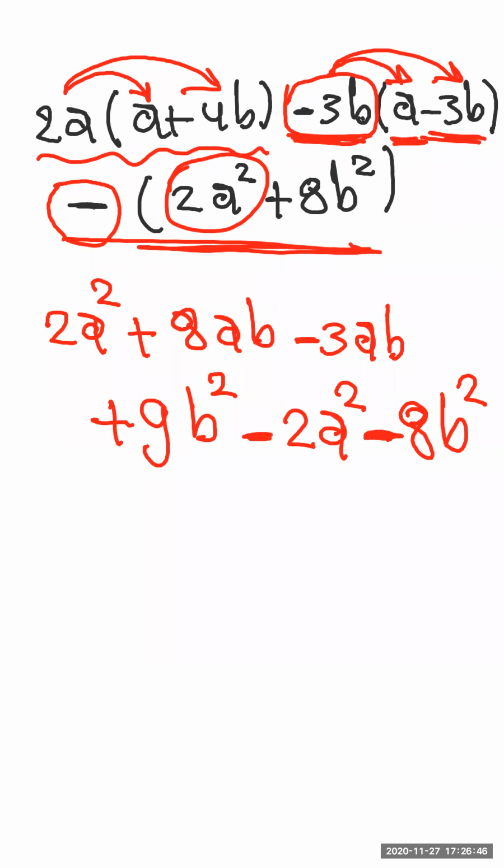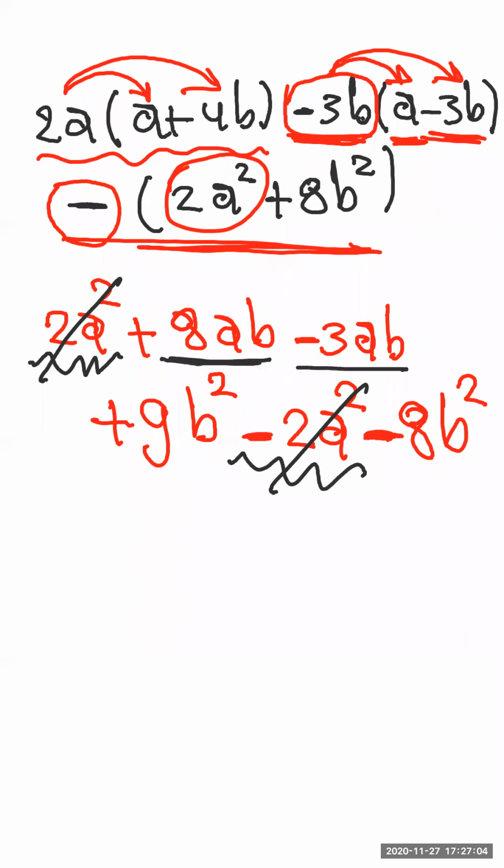Now simplify. Do we have like terms? We are going to check. 2a squared minus 2a squared means 0, right? Then this term is 8ab minus 3ab. So 8 minus 3 means 5ab.